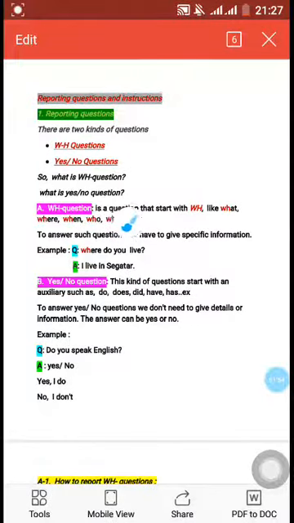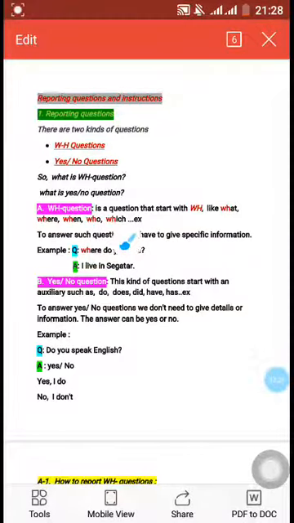Okay. So we have for instance, a WH question is a question that starts with WH, like what, where, when, who, which, etc. يعني WH questions هي الأسئلة اللي تبدأ WH، يعني أول حرفين من السؤال W and H. You see?